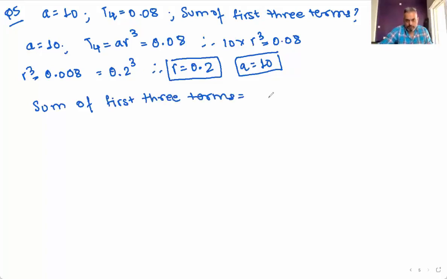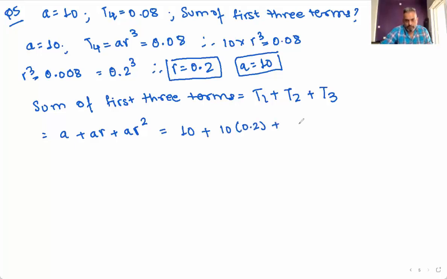Which is equal to T1 plus T2 plus T3, which is equal to A plus AR plus AR square, which is equal to 10 plus 10 into 0.2 plus 10 into 0.2 square, which is equal to 10 plus 10 into 0.2 is 2 plus 10 into 0.04.